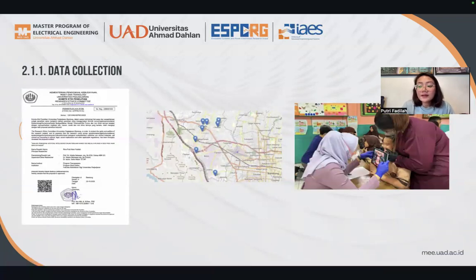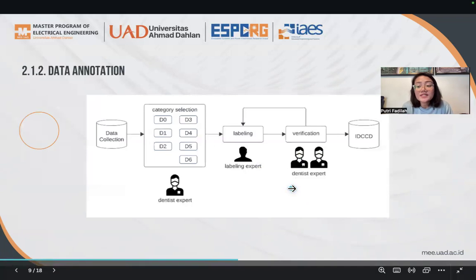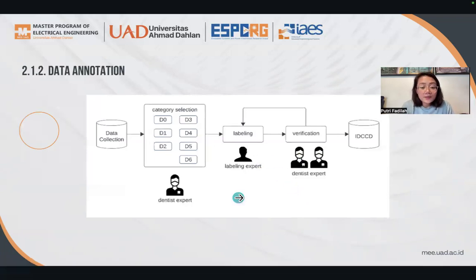In the data collection process, the researchers involved several individuals with specific expertise for labeling, and then verification by dentist experts, and then we built the IDCCD.